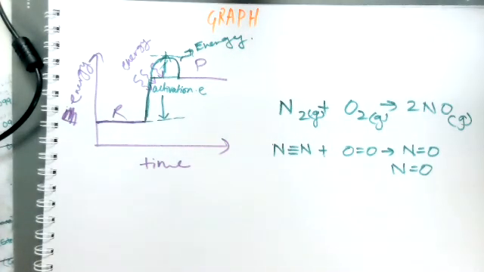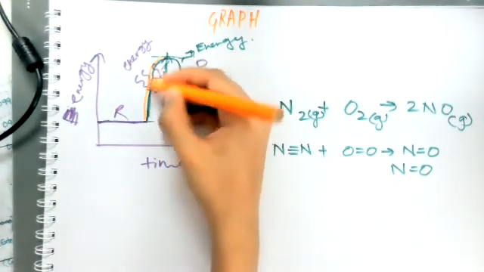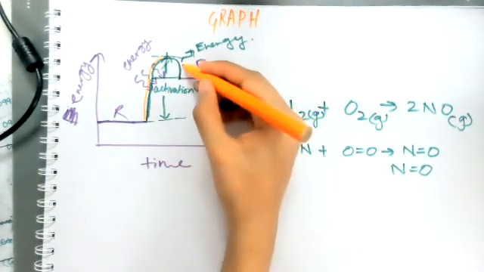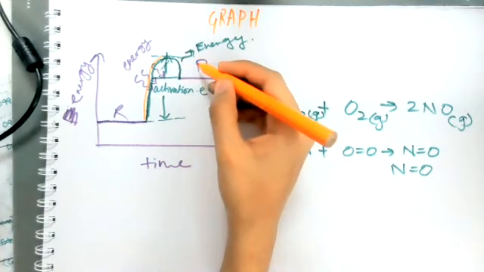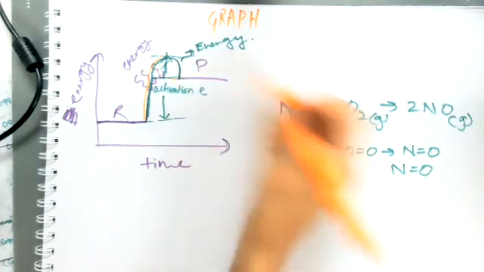With the help of a different colored marker, show us with an arrow the energy which will be absorbed by this particular reaction. This will be the energy absorbed, and this will be the energy given out. Yes, from the top till P, right? Yes.